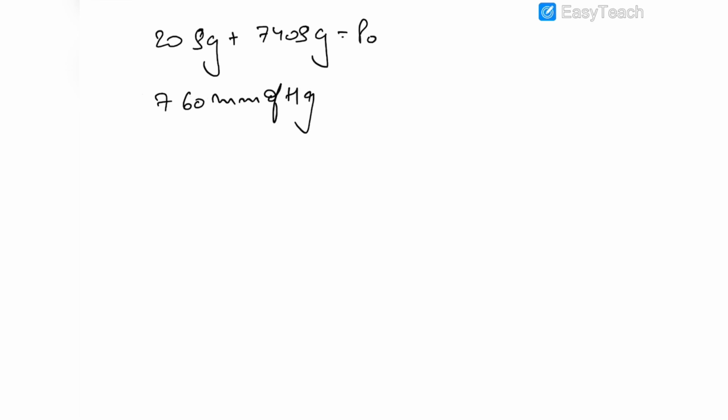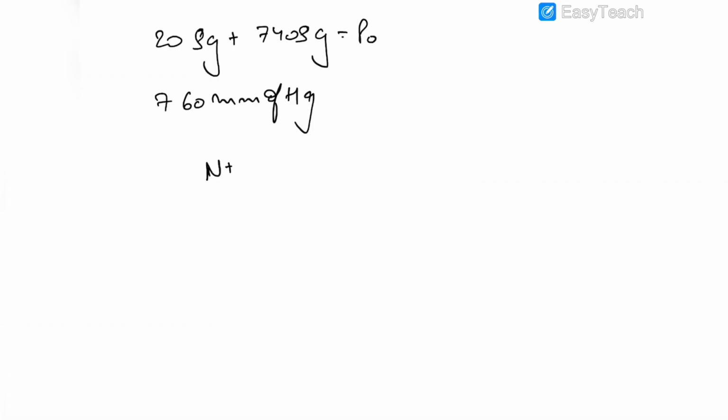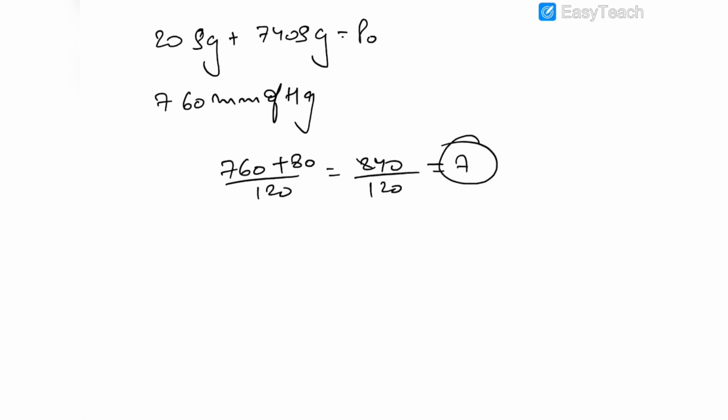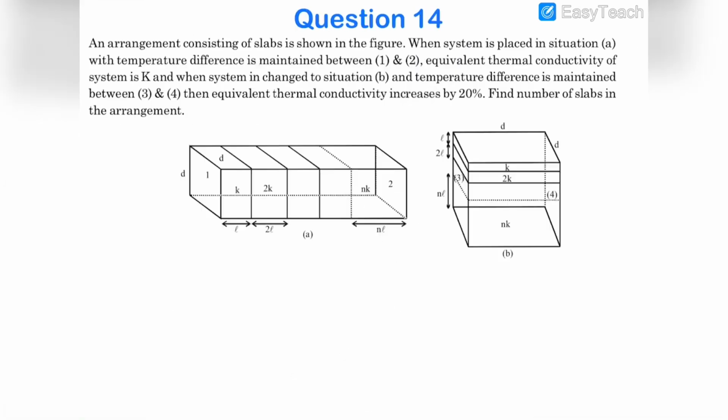So we have to report the answer in terms of n plus 80 by 120. So n is 760, so 760 plus 80 by 120 is 840 by 120, which is 7. So the correct answer is 7. Now we move on to the next question.